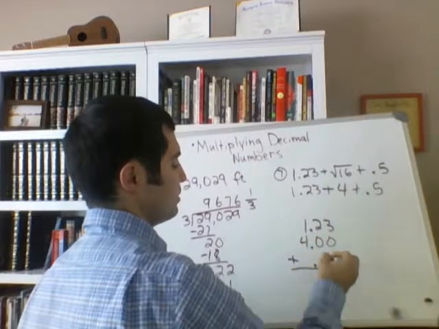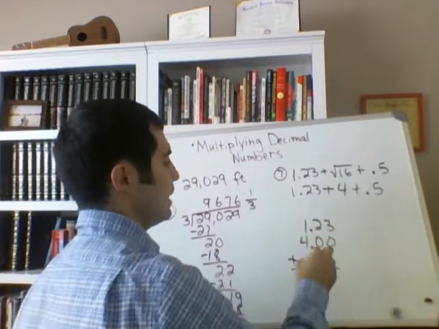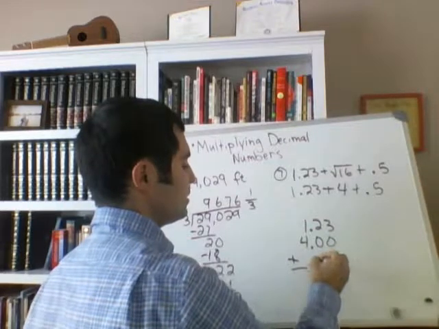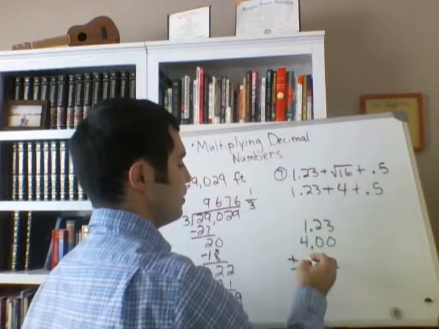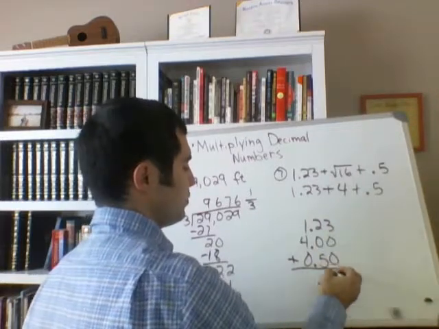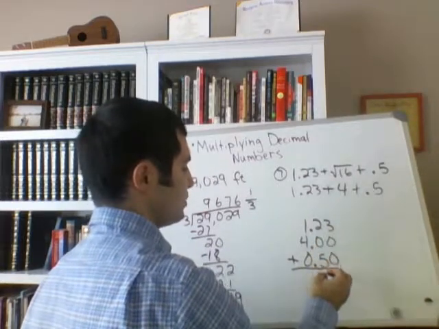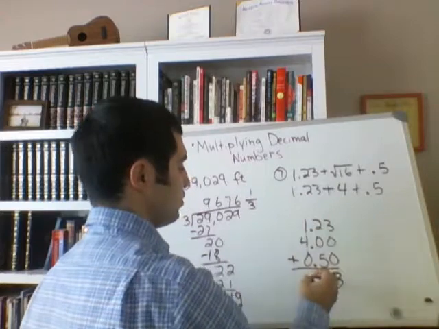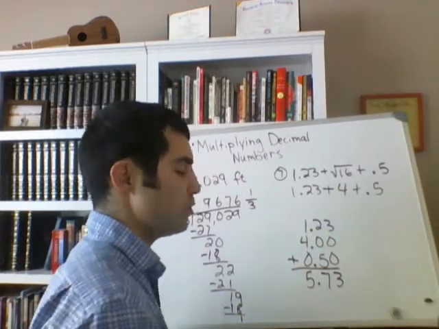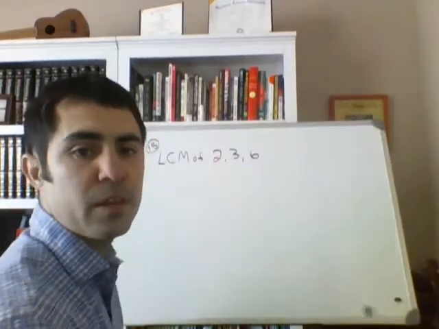I'll add a couple zeros because I can, and it'll help me when I add everything else up. 0.5 is in the 10th spot, so make sure it falls in the 10th column there. Add some zeros so I can add it up. Add all that. 3 plus 0 is 3, 5 plus 2 is 7, 4 plus 1 is 5. Okay, so that's your answer, 5.73.